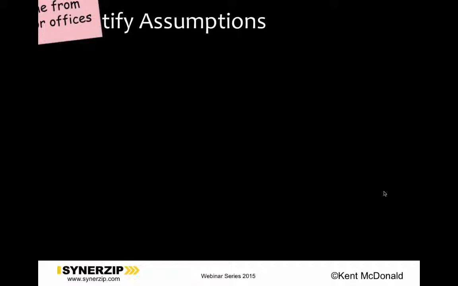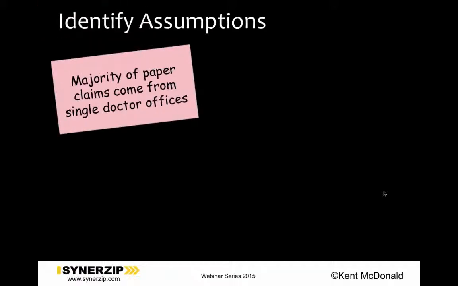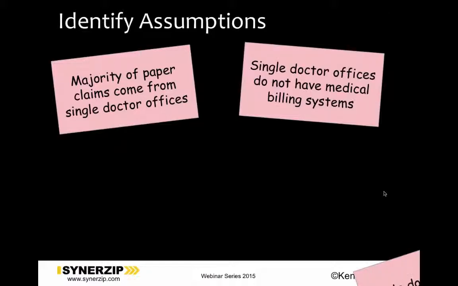One is that we're assuming most of the paper claims we get are from single doctors' offices. Being from Iowa, a lot of rural doctors' offices probably haven't invested in their own systems. We're also assuming the reason they provide paper claims is that they don't have their own medical billing systems that interact with the insurance claims.